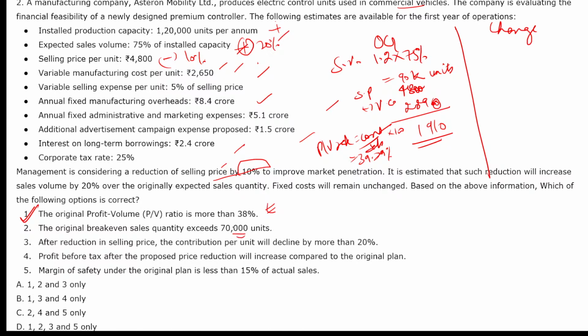So I know for BEP, the fixed cost I have to take into account. Manufacturing fixed cost is 8.4 and fixed administrative is 5.1, and advertisement is also 1.5. So total fixed cost is 8.4 plus 5.1, which is 13.5 plus 1.5, which will be 15 CR. So BEP units will be 15 CR divided by 1,910.